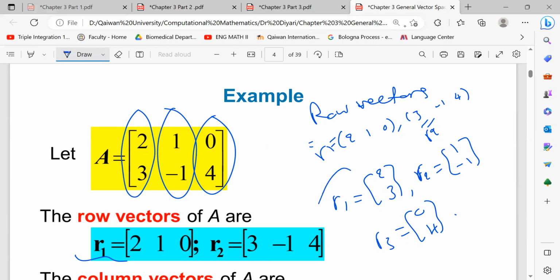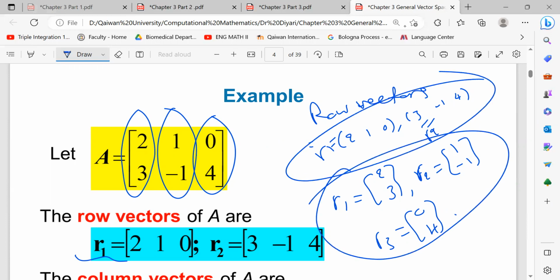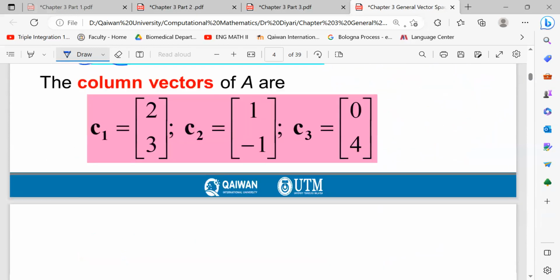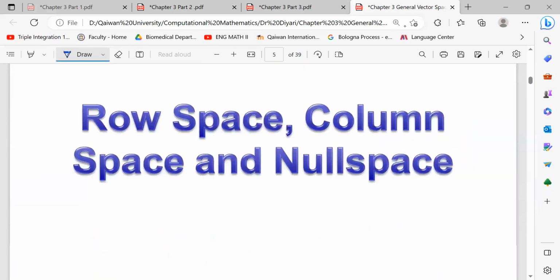These are the column vectors, and the above ones are the row vectors. That's how to find the row vectors and column vectors of a matrix. The list of all rows are the row vectors, and the list of all columns are the column vectors.